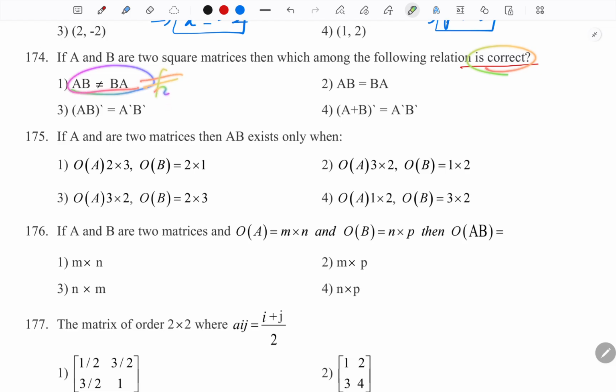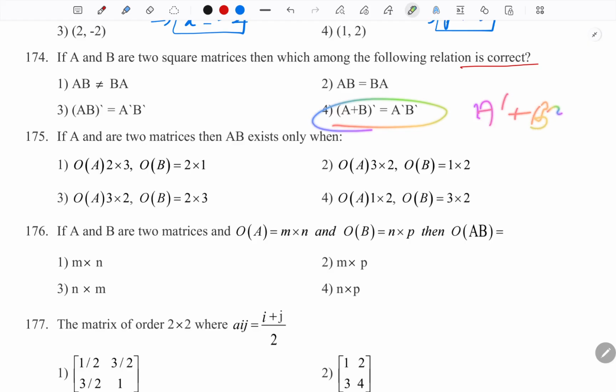AB is not equal to BA unless provided. AB transpose equal to A transpose B transpose? No, it is B transpose A transpose. (A plus B) whole transpose equal to A transpose plus B transpose, but they are saying product. So what is the possible answer? Only the correct one. Clear? I spoke wrong. This is the start of the solution.